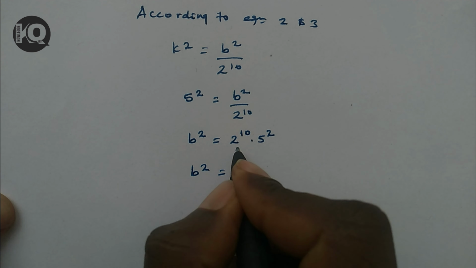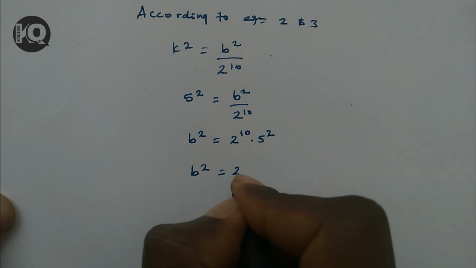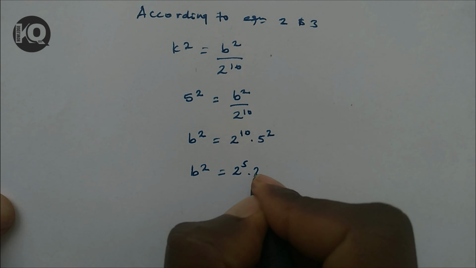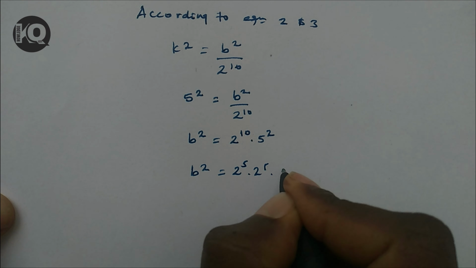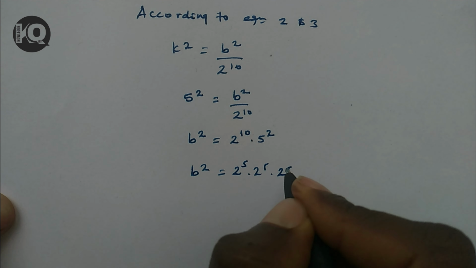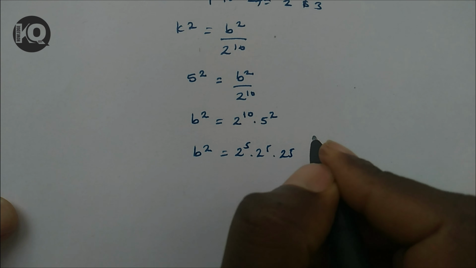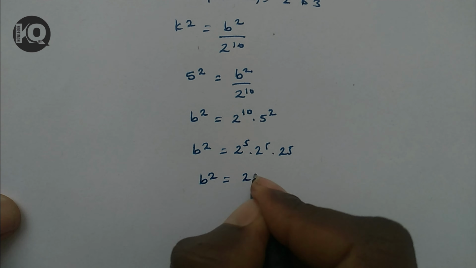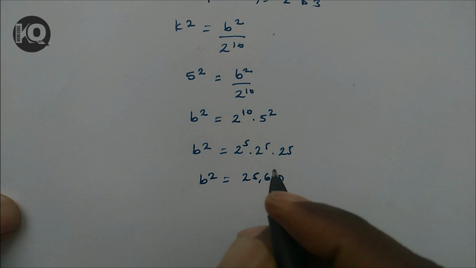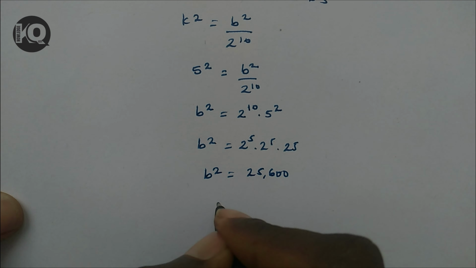So b square will be, this 2 to the power of 10 can be expressed as 2 to the power of 5 times 2 to the power of 5, times 25. So b square finally will be 25,600, and when we take the square root, b will be 160.